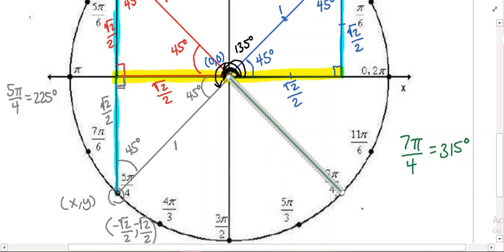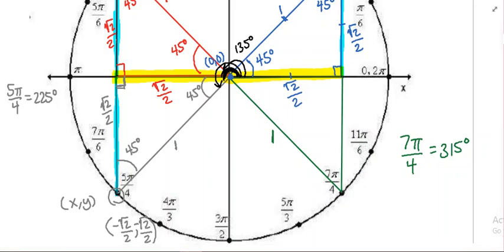That means this will be a distance of 1. Then you draw from the point on the circle up to the x-axis to form a right angle. And then the last leg of the triangle comes from connecting the origin to that point. So here's your right angle.